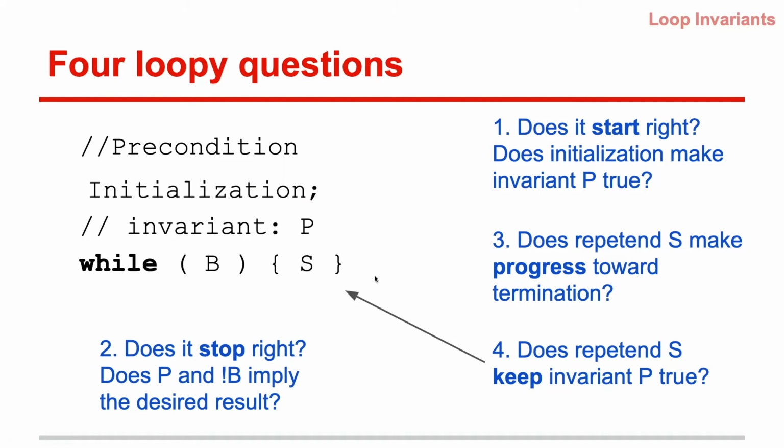Like if we're incrementing and our loop condition checks if our counter is of a certain size. For 4, does repetend S keep invariant P true? Is the invariant preserved with each iteration of the loop? This might be somewhat hard to parse at first, but you should be able to give us the 4 loopy questions on the final.